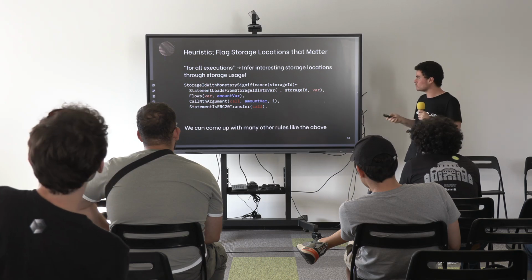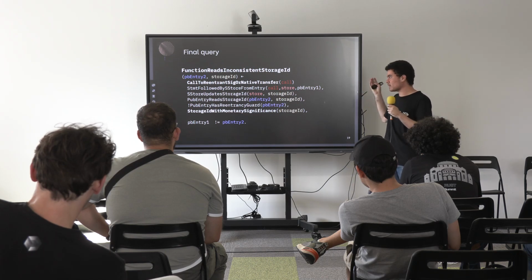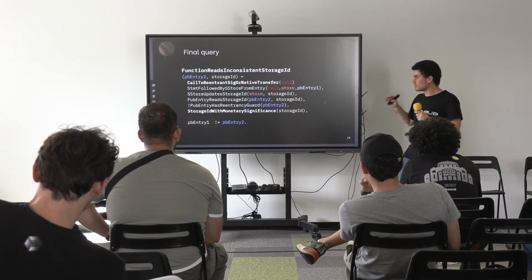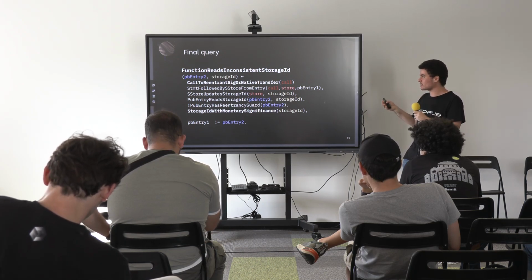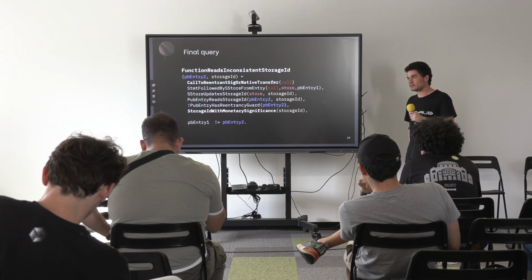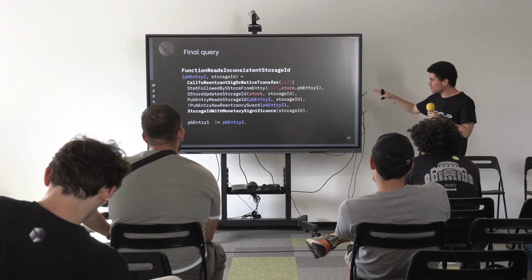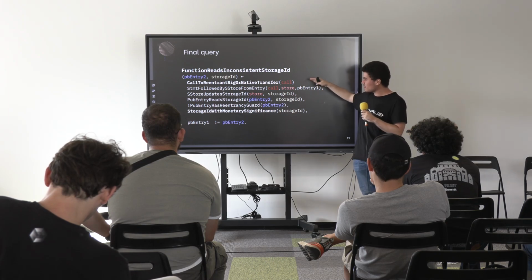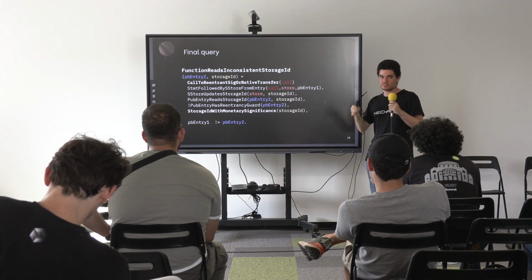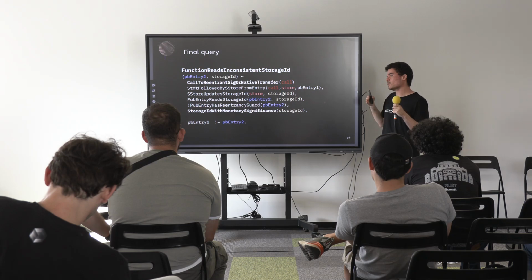And this is what we do under the hood. So the final query-like snippet that will actually detect many view-only reentrances, but will not cause too many false positives, looks like this one. So we identify a reentrant point when a reentrant signature is being called, or a native transfer is being performed.